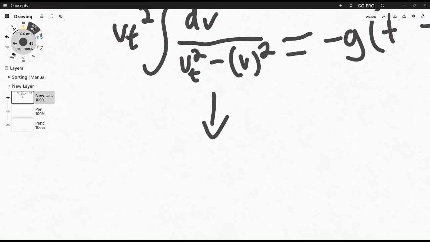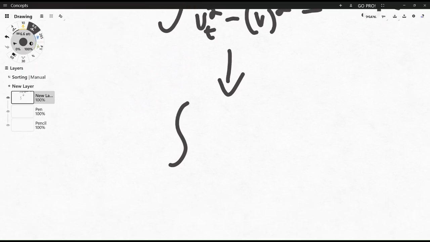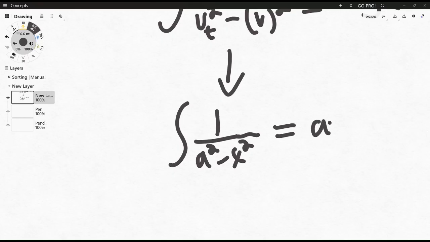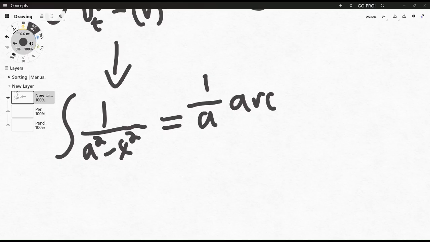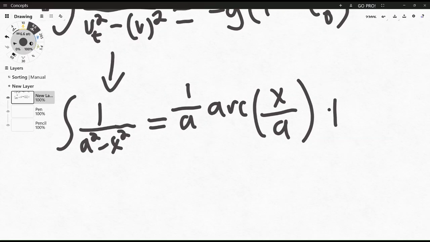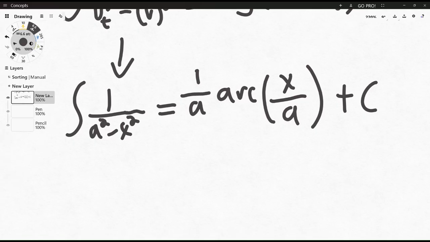But what happens is, when you have an integral of 1 over a squared plus minus x squared, this is going to be equal to 1 over a times arctan of x over a plus C, obviously.